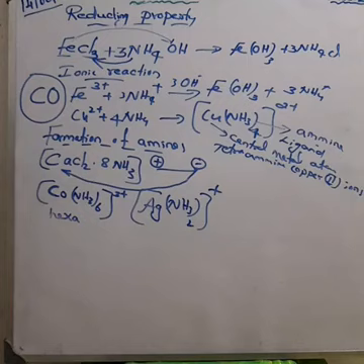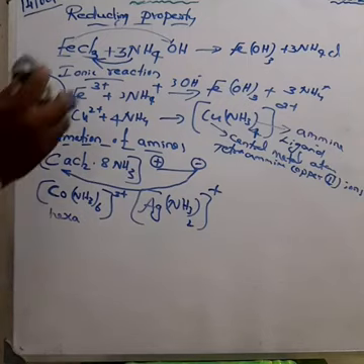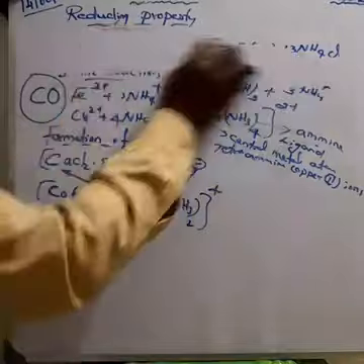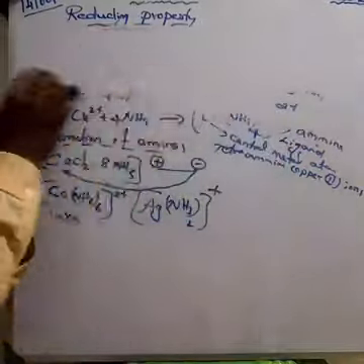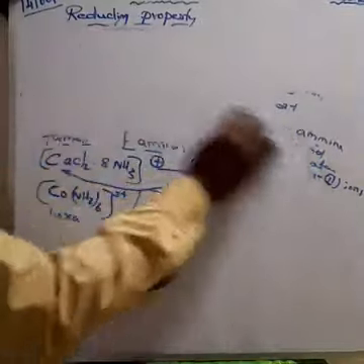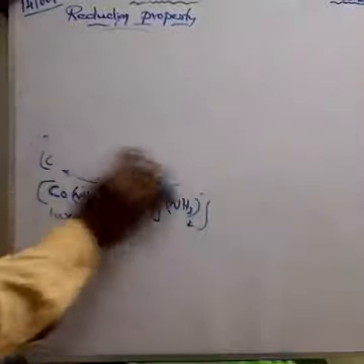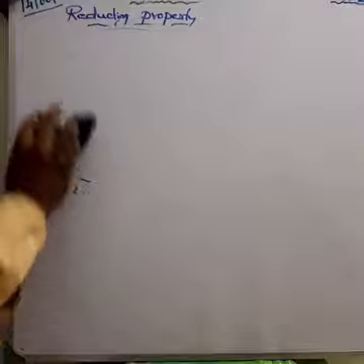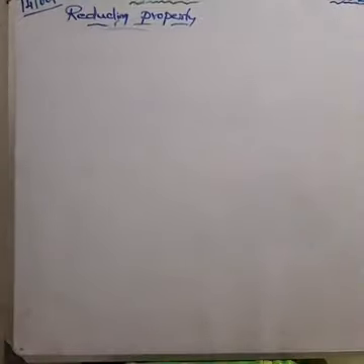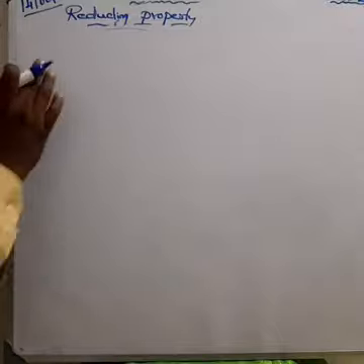These are some examples. When excess ammonia is added to the aqueous solution of copper sulfate, what's the formula of copper sulfate? CuSO4.